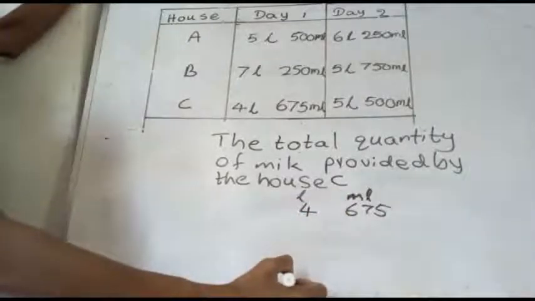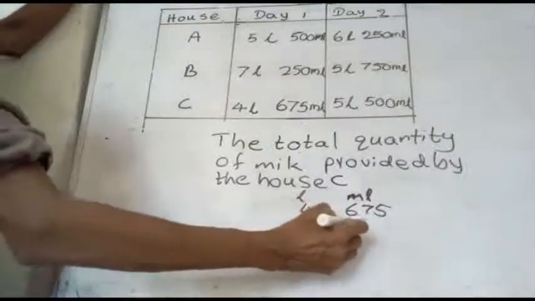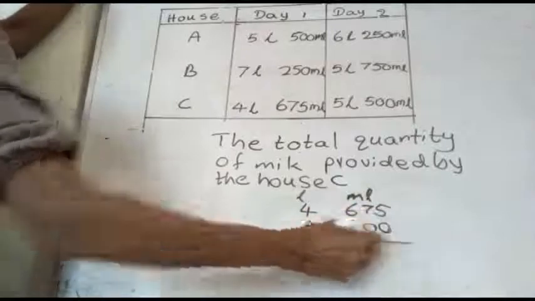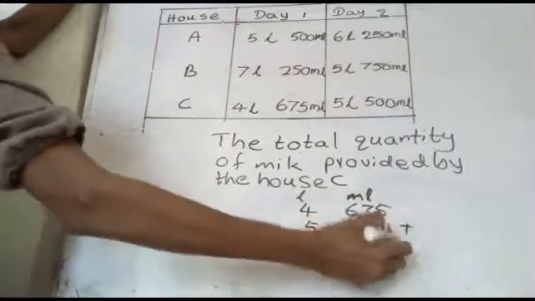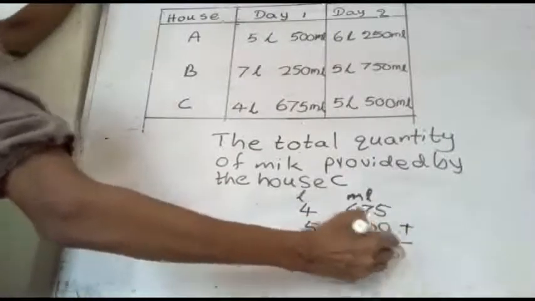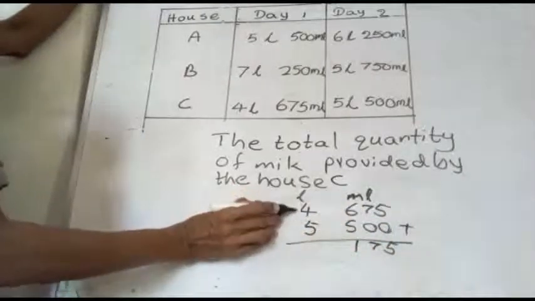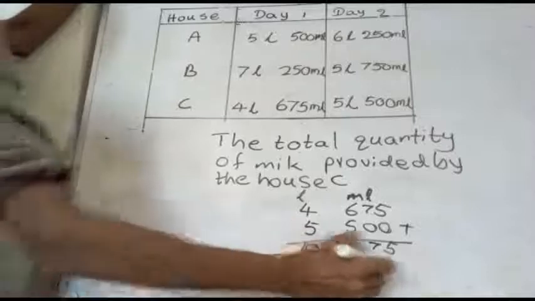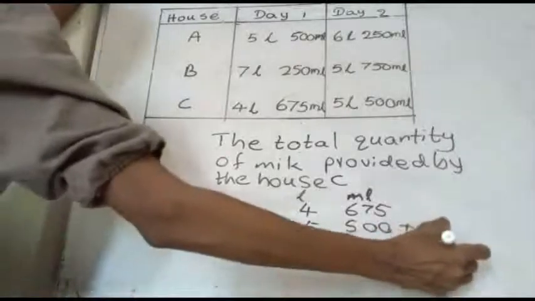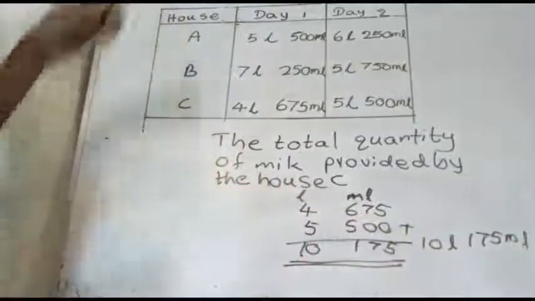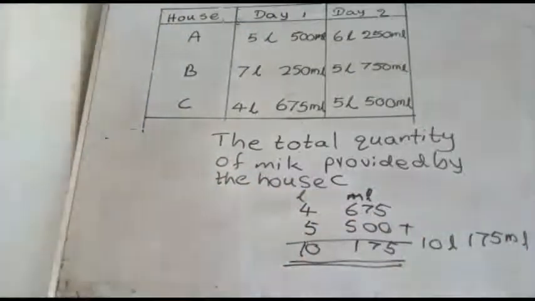Second day, 5 liters and 500 milliliters. We add them. 5, 7, 6 plus 5, 11. Remaining 1. 1 plus 4, 5. 5 plus 5, 10. 10 liters and 175 milliliters is the answer.